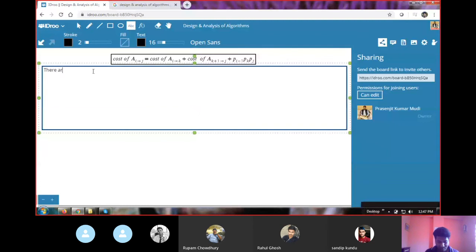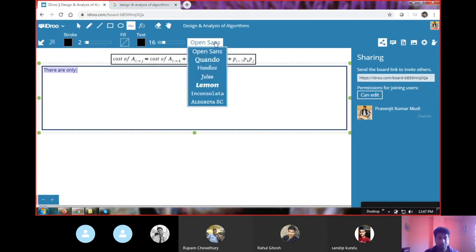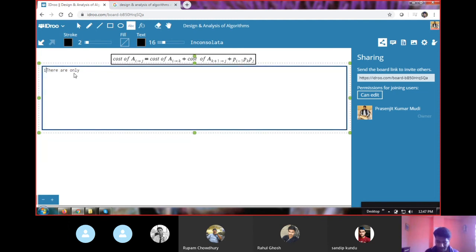Now, what are the values of k? We know that i is less than or equal to k, which is less than j.